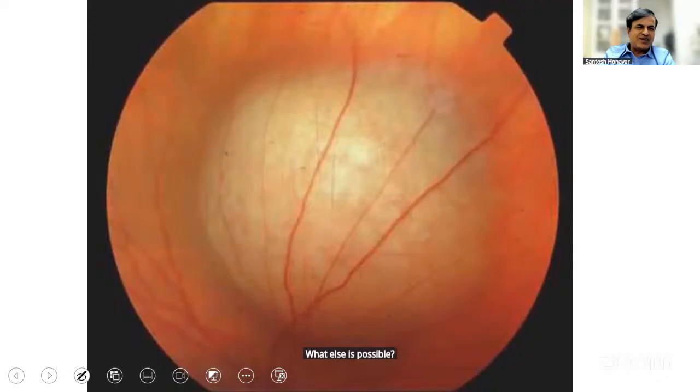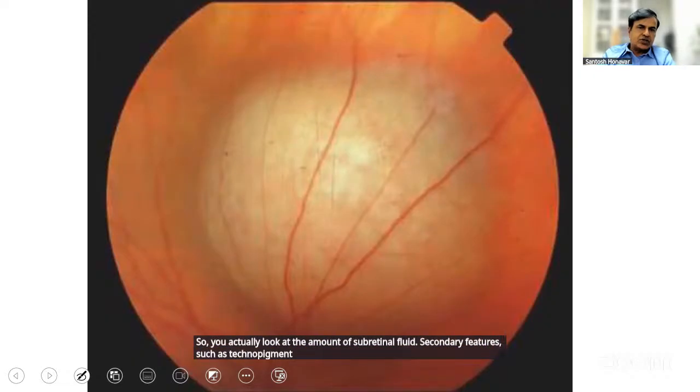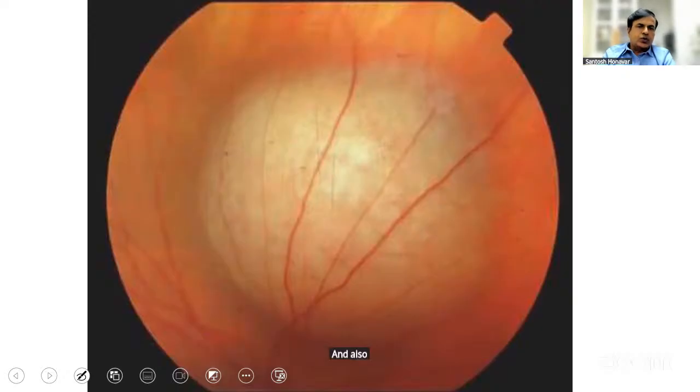Choroidal lymphoma, right? So you actually look at the amount of subretinal fluid, secondary features such as retinal pigment epithelial changes, and also the duration of symptoms, right? And vitreous involvement.